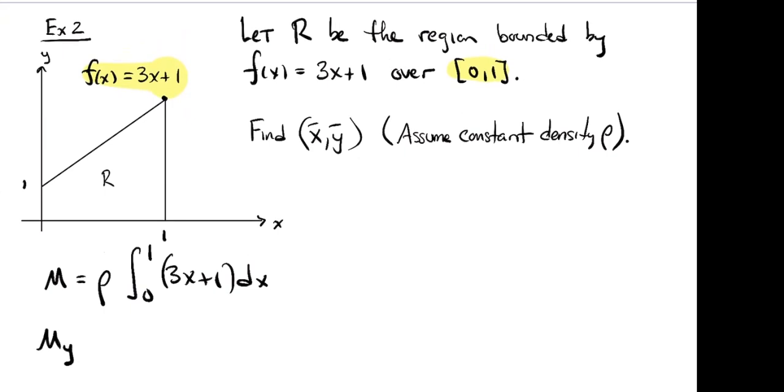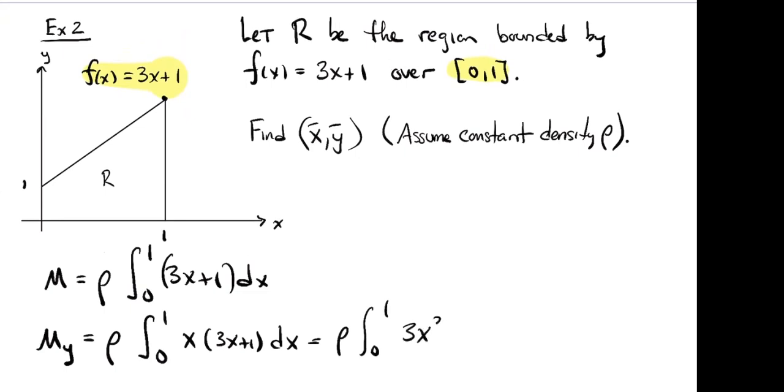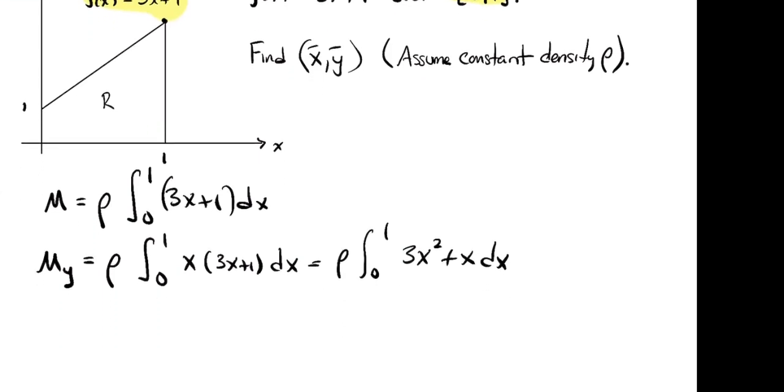Then we need to compute the moment about the y-axis. That's rho times the integral from 0 to 1 of x times the height of the function. So that's rho times the integral from 0 to 1 of 3x squared plus x. So polynomial.